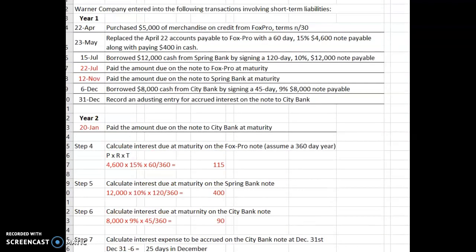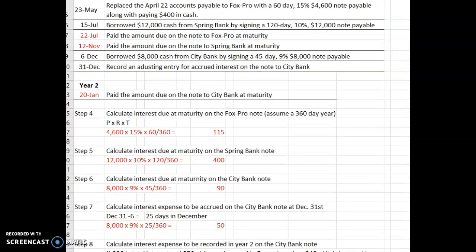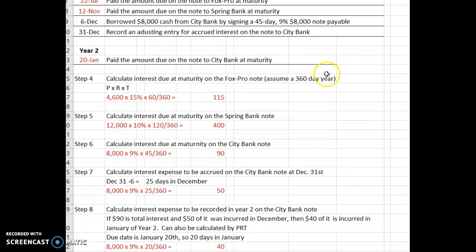Now we're ready to accrue our interest at December 31st. In our previous video, we calculated the interest that needed to be accrued on the Citibank note of $50.